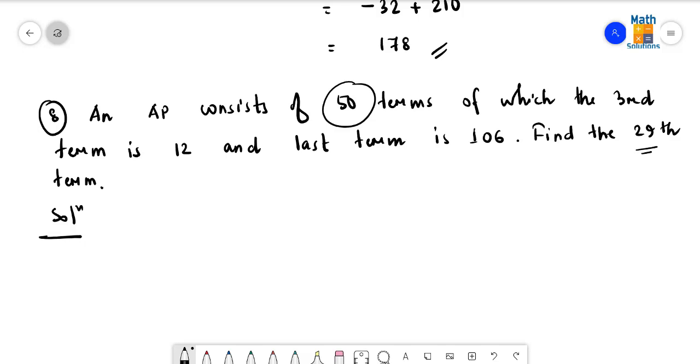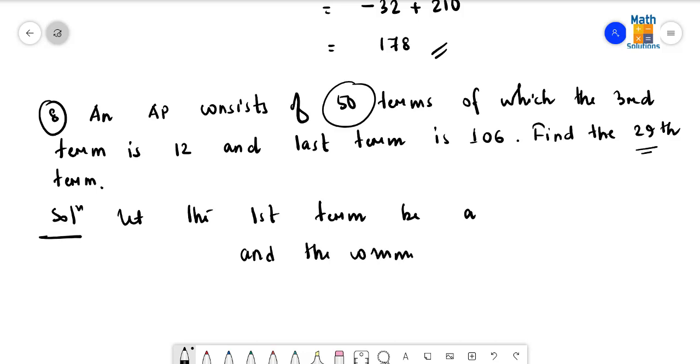So here I am going to write, let the first term be small letter a and the common difference be small letter d.